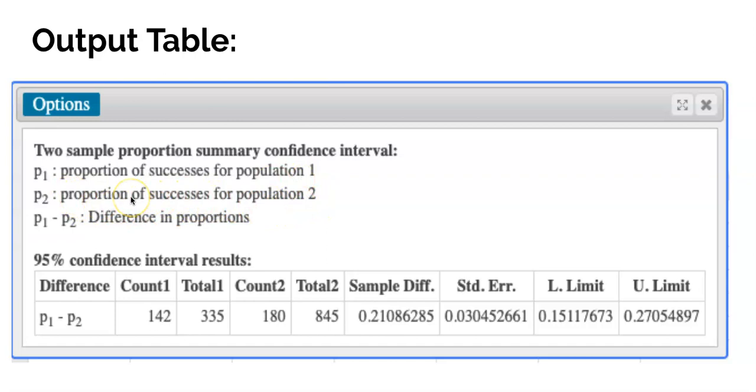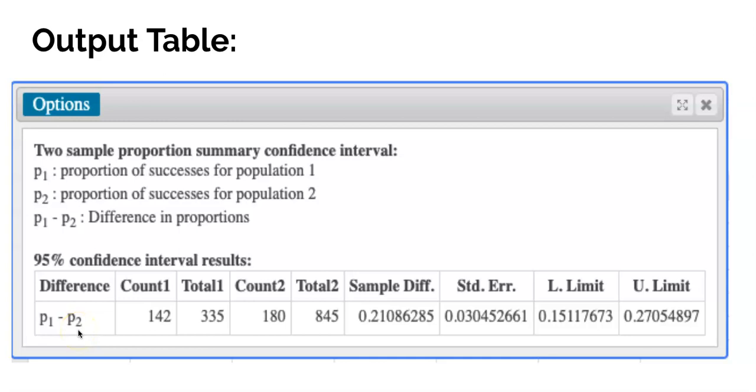In our case, that is the proportion of binge drinking students out of all drinking students in 2004, and the difference in proportion. I thought they decreased because the number went down from like 42% to like what, 21%, right? So we're gonna see if it really changed. So you do subtraction.